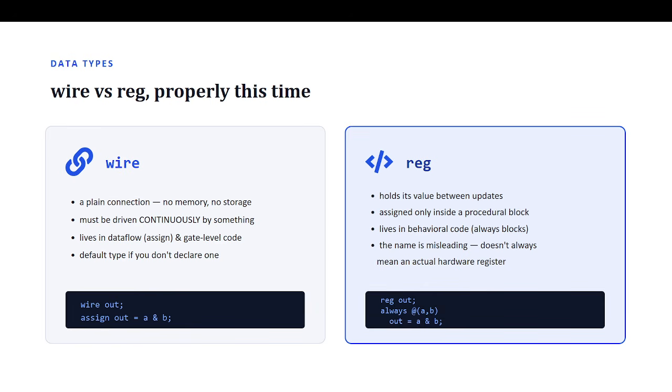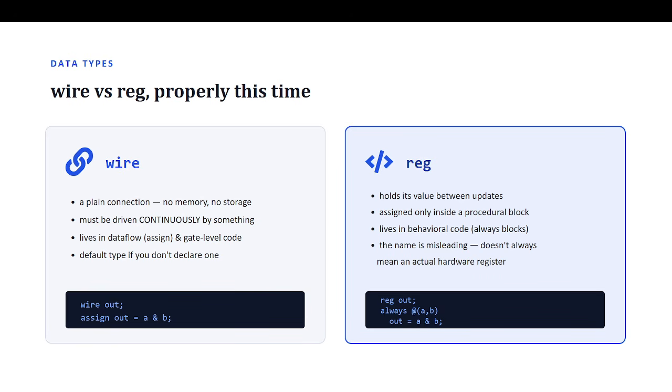wire out; assign out = A & B; Here out is declared as a wire and it is continuously driven by the expression A and B. Anytime A or B changes, out updates immediately, automatically. You do not need to tell it to update.